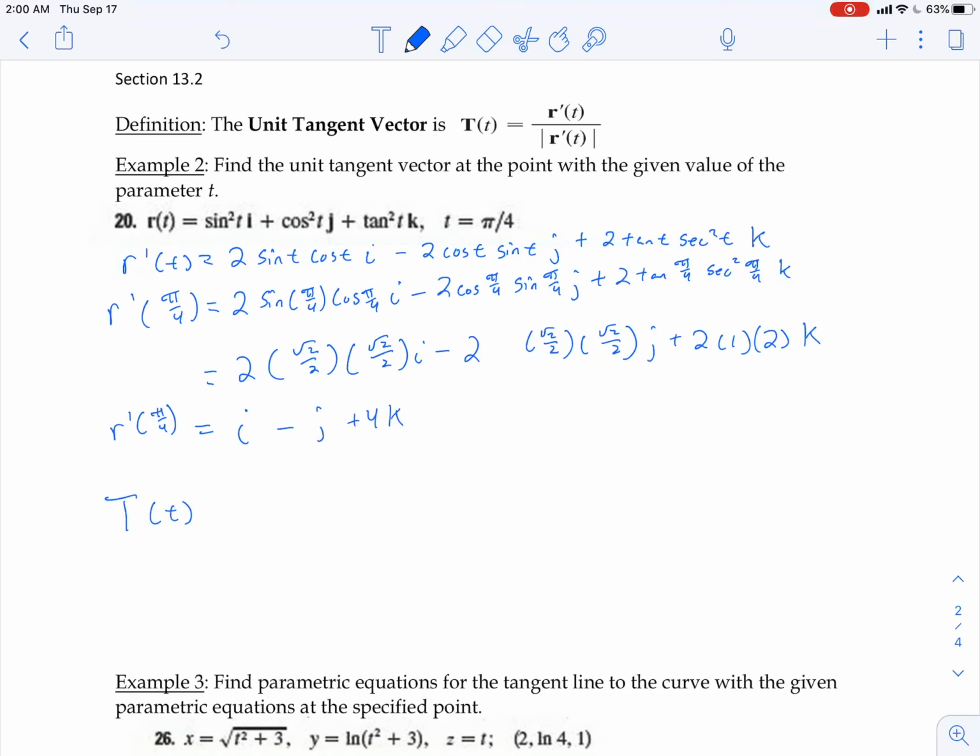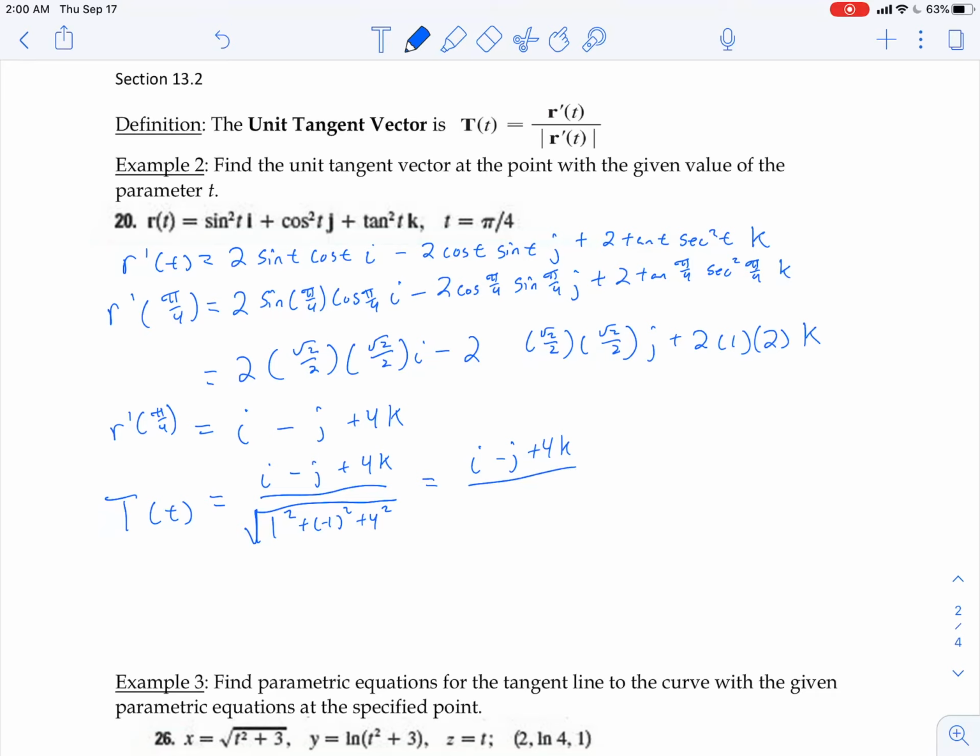So we need to divide that by the magnitude. The unit tangent vector is denoted by capital T of t, and we have our tangent vector at pi over 4 over the magnitude. We take all of our components: the square root of 1 squared plus negative 1 squared plus 4 squared.